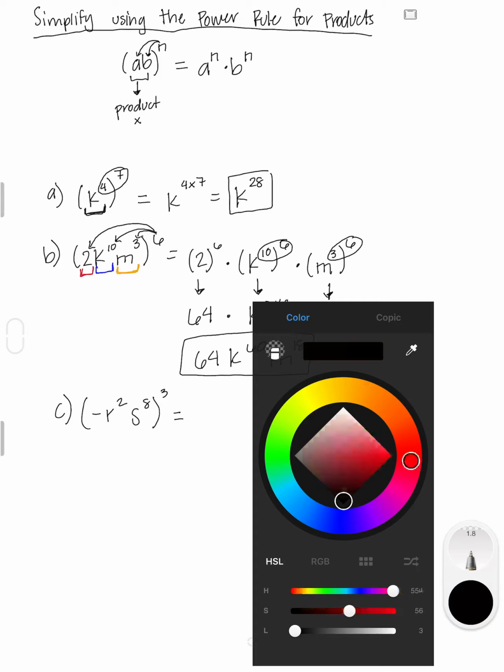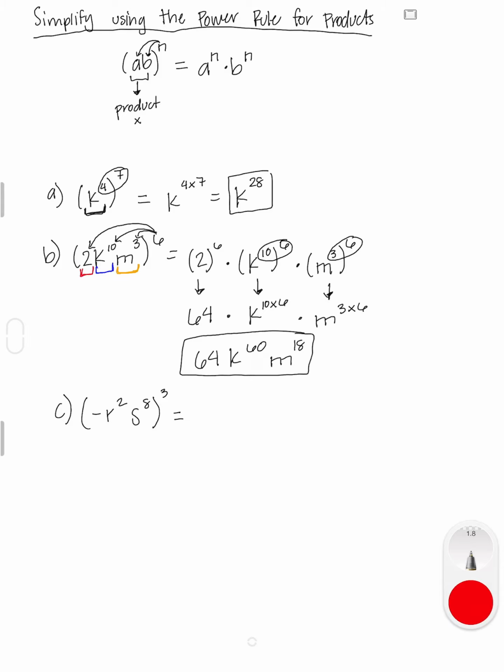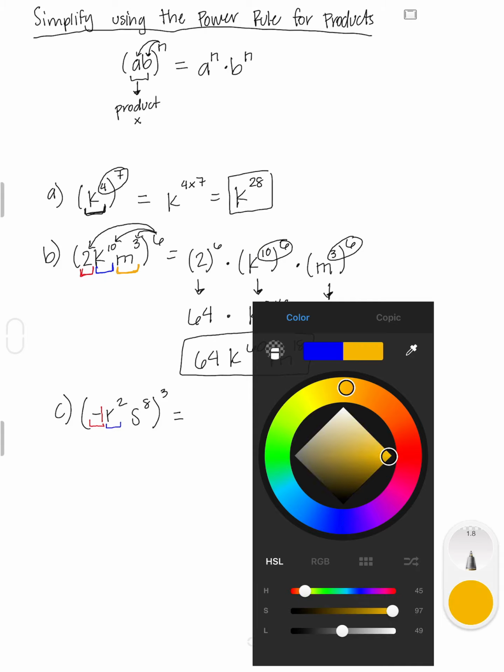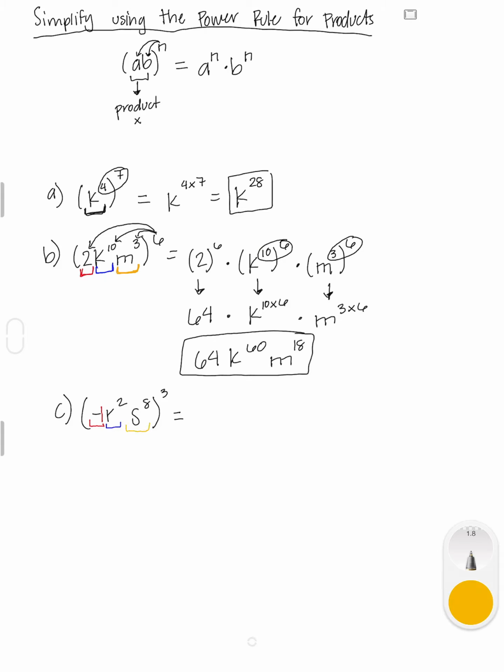So what I'm going to do is notice how at the beginning we have that negative, right? I'm going to count this as a negative 1. Okay. Then we have r to the 2nd power. And then we have s to the 8th power. So those are the three groups that I'm going to be separating.